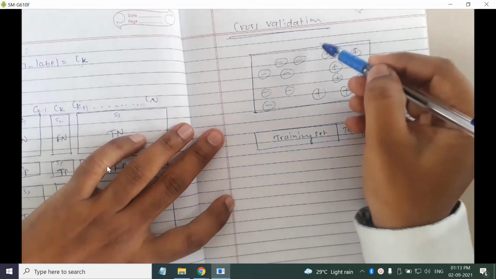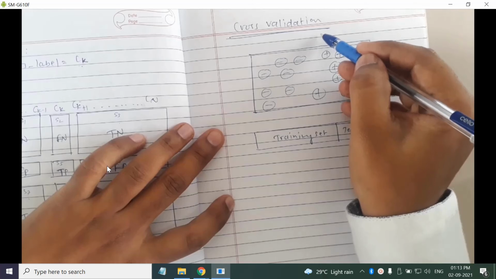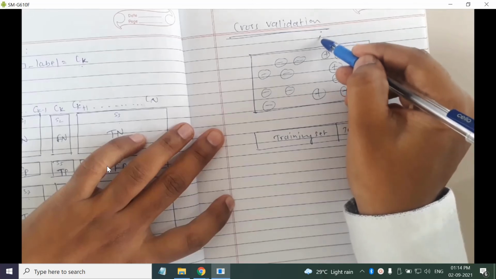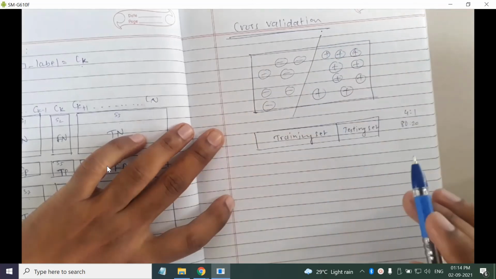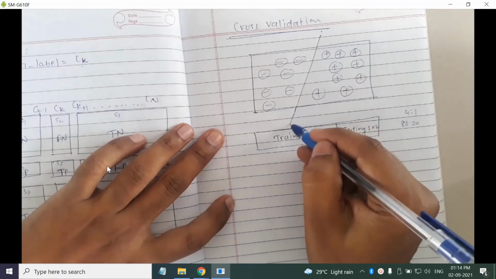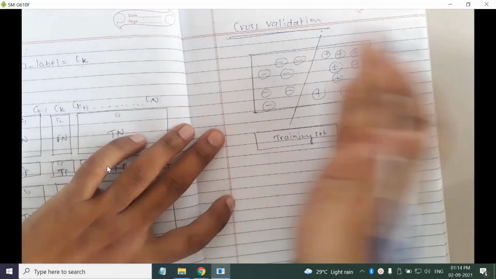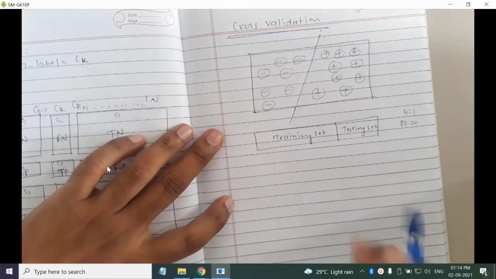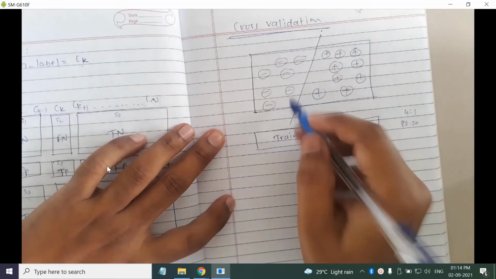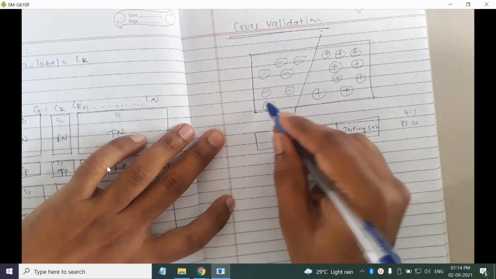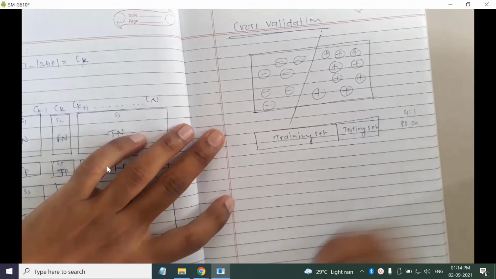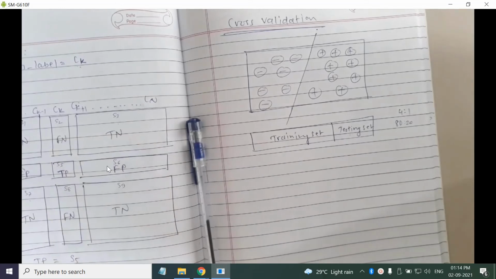It is a classification problem, so our classifier has come up with this decision boundary. Clearly it is the best result, and it is clearly separating the two classes. Now consider our testing set is this one.